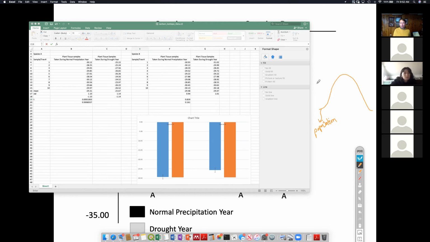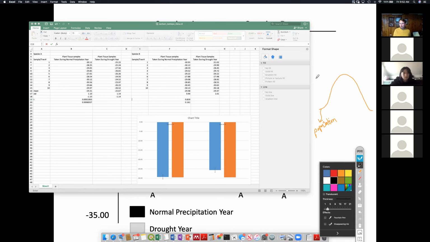So this would be a sample. Let's say on this x-axis, this is delta 13C. This is my population. What I have is a sample, which is a random drawing of these guys. So maybe I've got a value here, a value here, a value here.